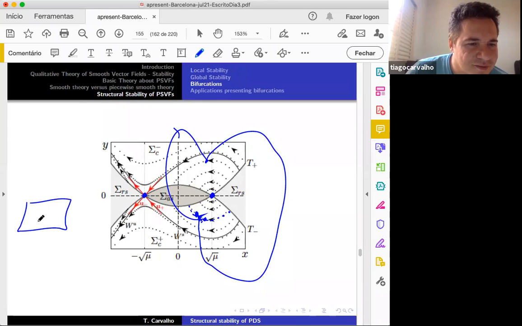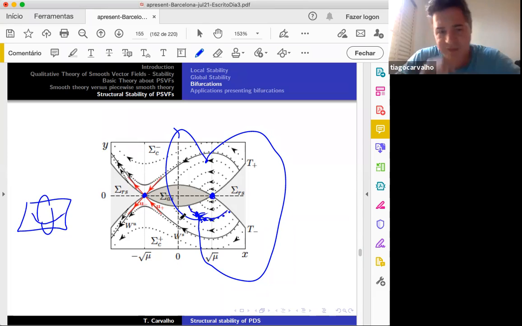We have a behavior like this, and this first return map returns to this curve, following this orientation, because this point behaves like a center for the first return map. And this point behaves like a saddle for the first return map.